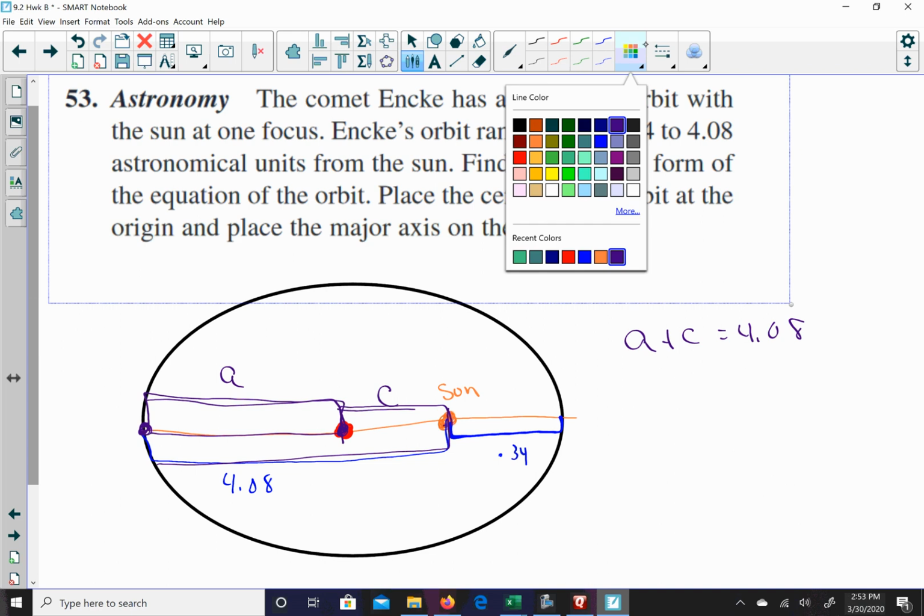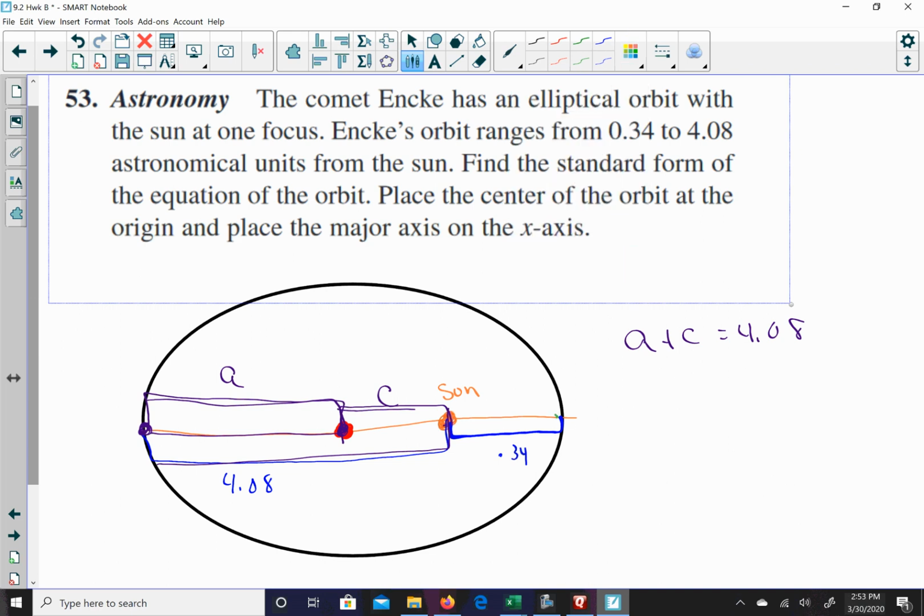Looking at the other side, from here to here is A. From here to here is C. So if I take that A and I take away that C, I'm left with that 0.34. So A minus C is equal to 0.34.